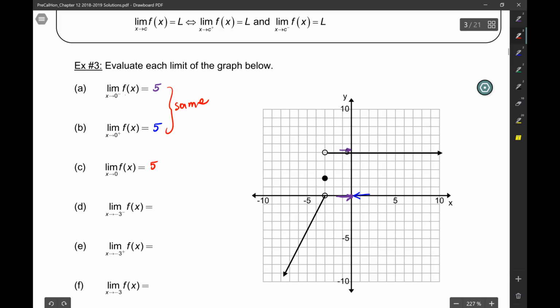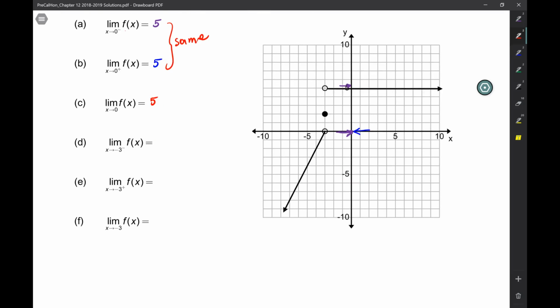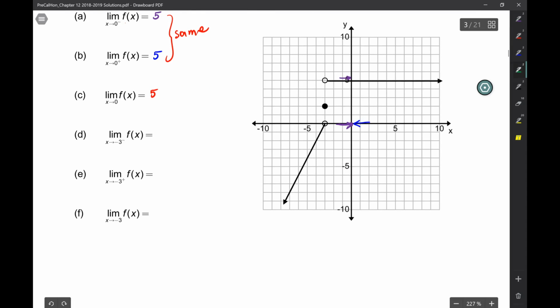What if they weren't the same? I'm going to do one right now. Okay? Here, let's go to negative 3. Negative 3 is here. As I approach negative 3 from the left-hand side, where is the graph going? Yes. 0, right? It's going up that way to 0. All right.